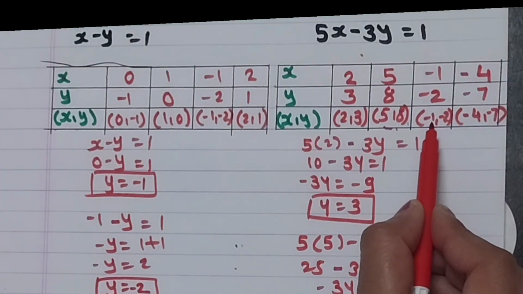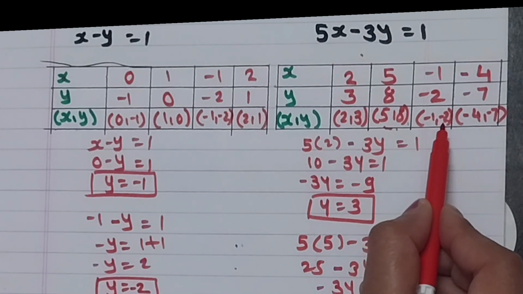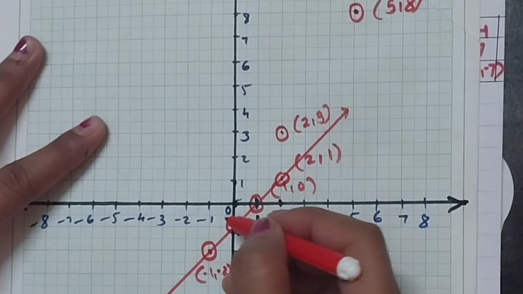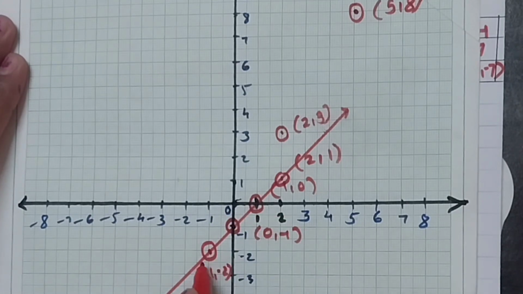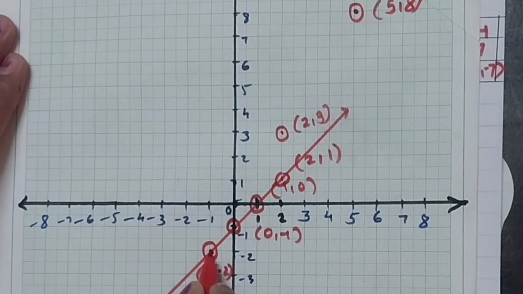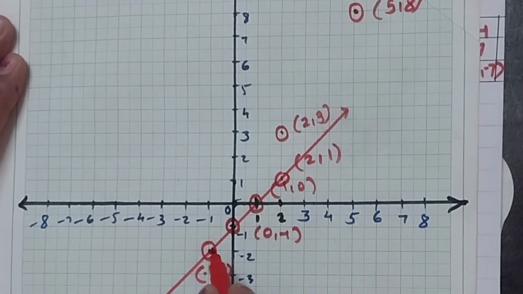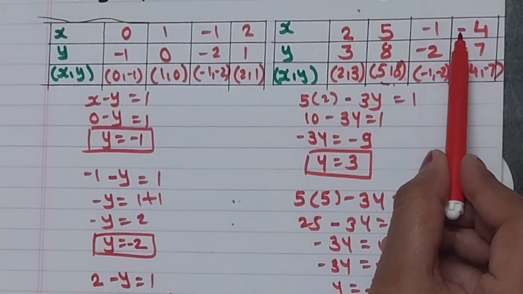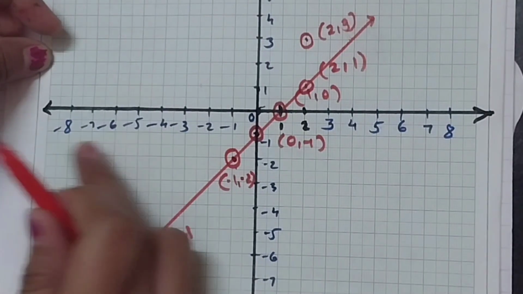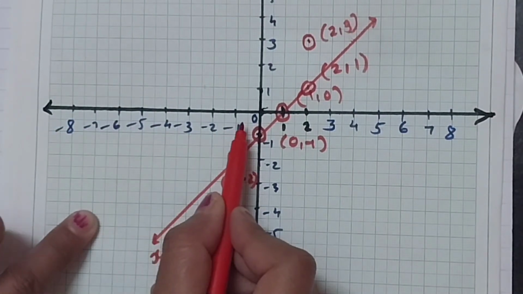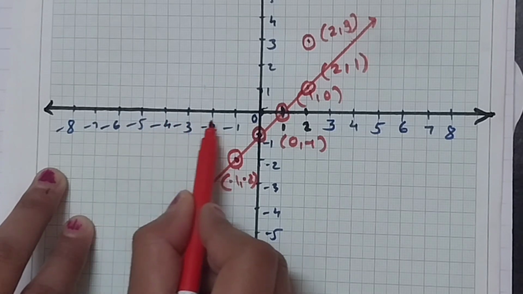The next point is x is minus 1 and y is minus 2. We plot x is minus 1 and y is minus 2. So this is the same point here. We already circled it. And the next point is x is minus 4 and y is minus 7. Here are the minus points of x.